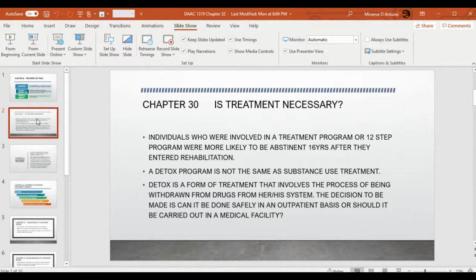For example, do they need medical or nursing supervision, or do they still need room and board?